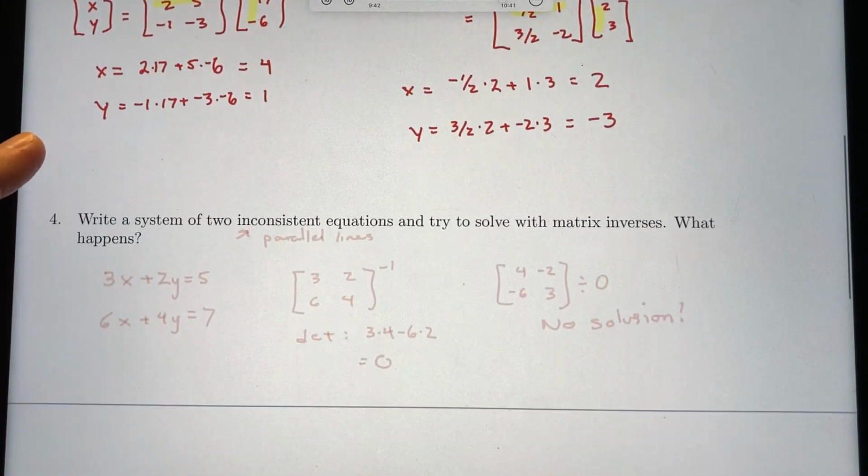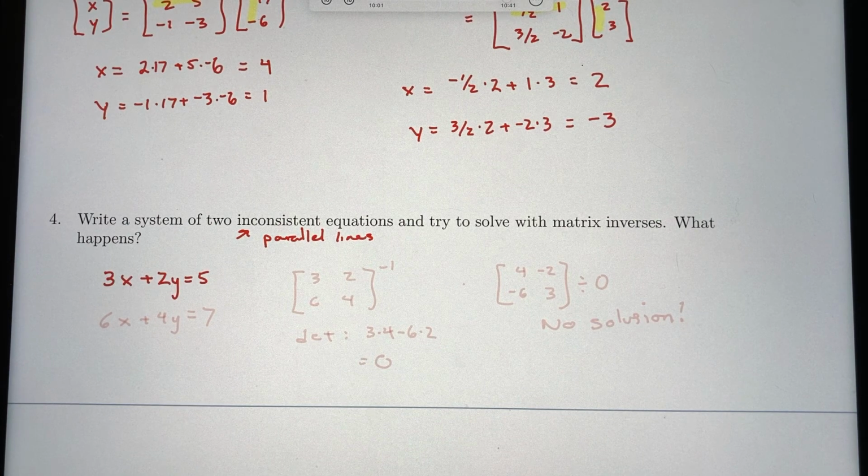If I write a system of inconsistent equations as parallel lines, when I try to find the solution, there is no intersection. So if I did, for instance, 3x plus 2y equals 5, and 6x plus 4y equals 7, what happens when I try to find the inverse of 3, 2, 6, 4?